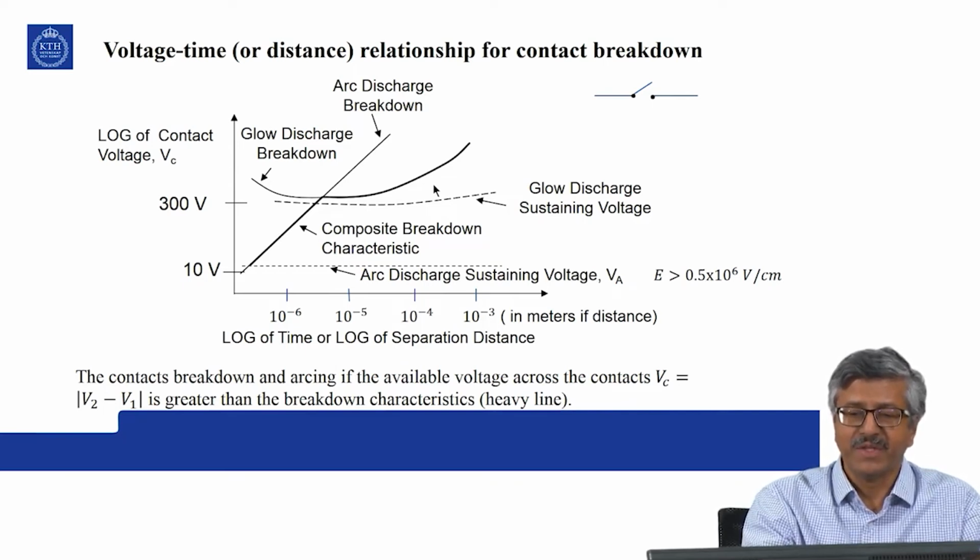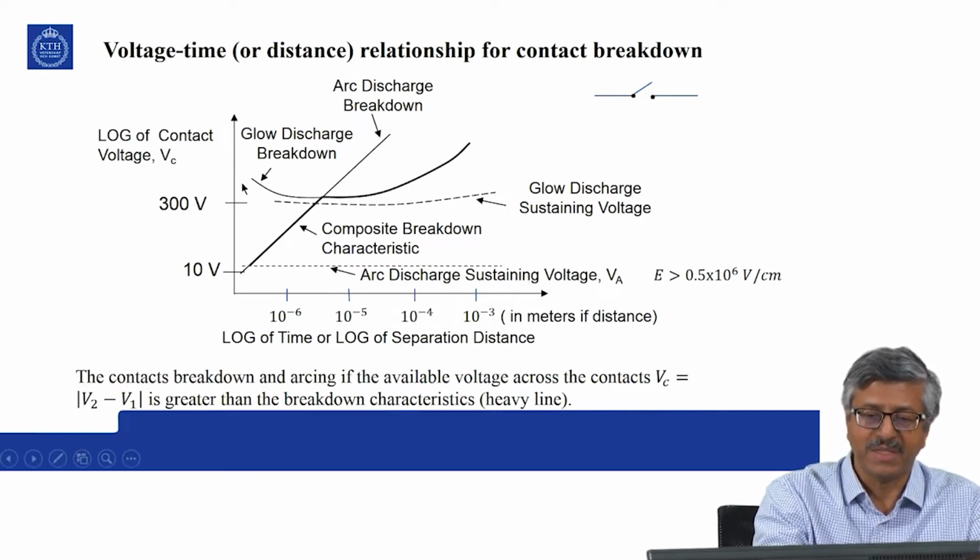So, it is enough to say that glow discharge breakdown happens at much higher voltage, around 300 volts or so, and above that you have a glow discharge happening, and you can have an arc discharge breakdown if the voltage is going much higher.